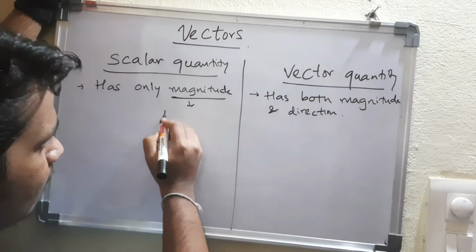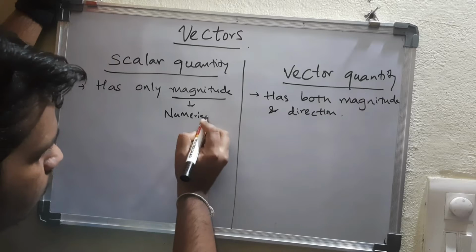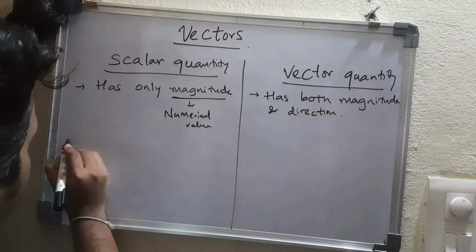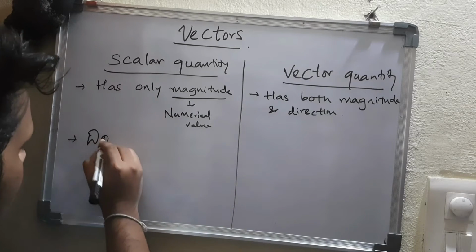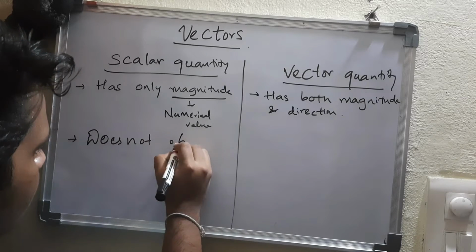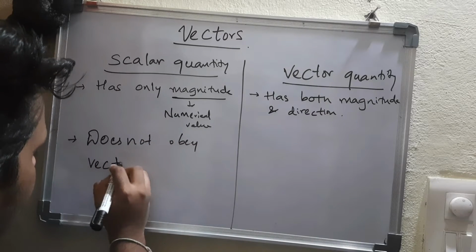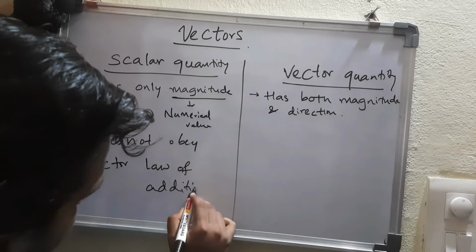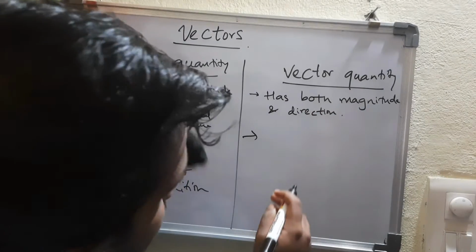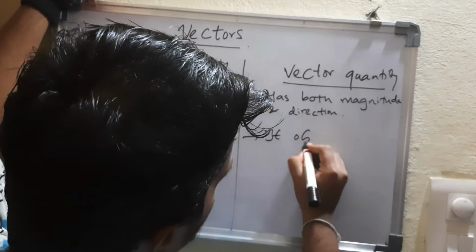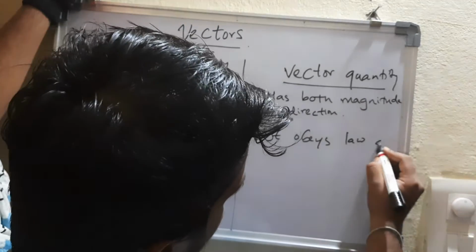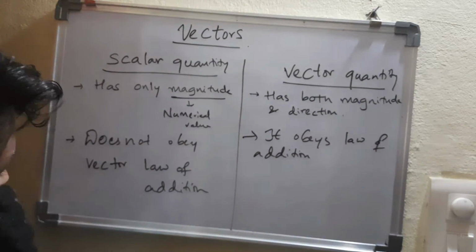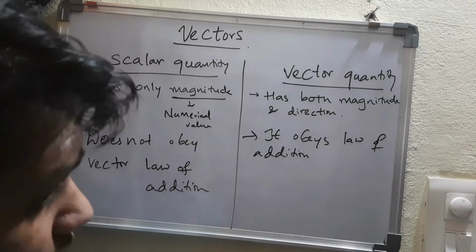Magnitude is nothing but numerical value. The main difference between scalar and vector quantity is scalar quantity does not obey vector law of addition. Whereas vector quantity, as it is a vector quantity, it obeys vector law of addition. For scalar quantity, for addition, we can use the algebraic method for adding scalar quantities.